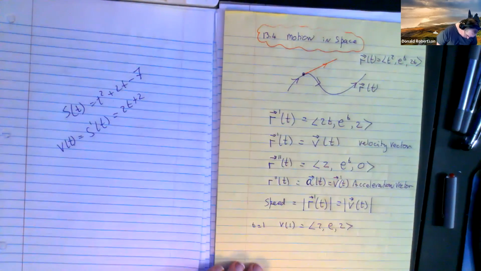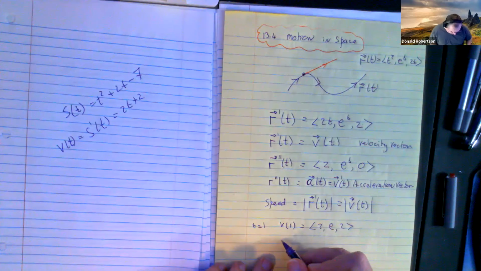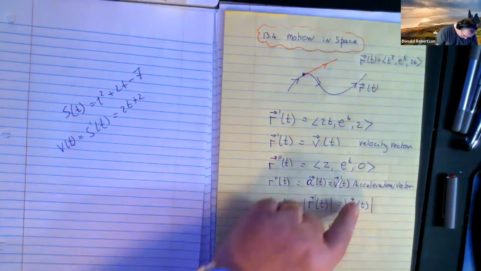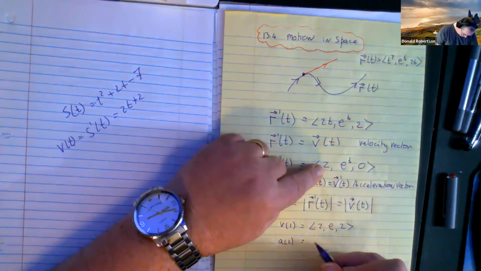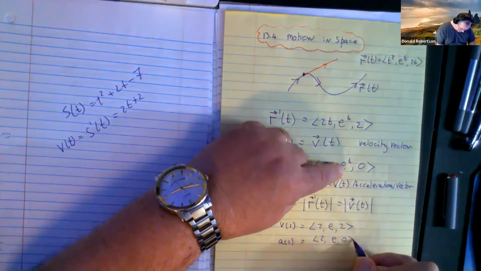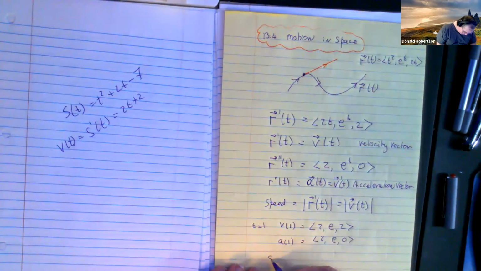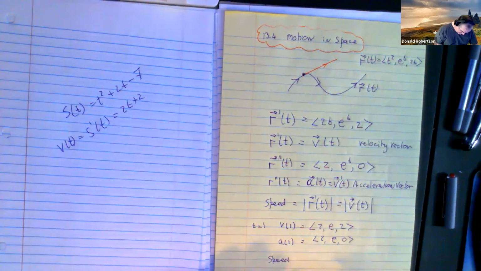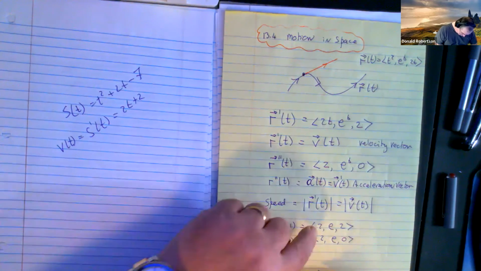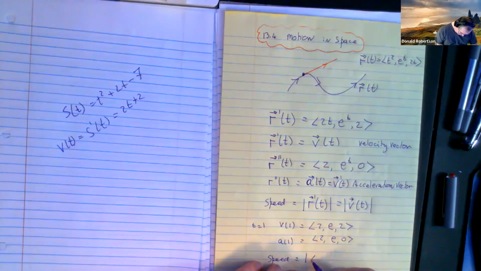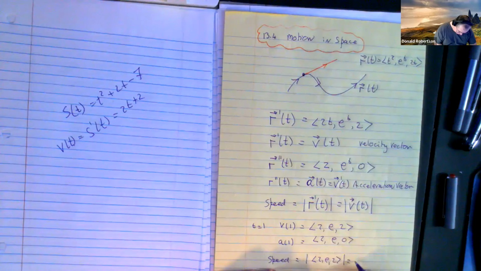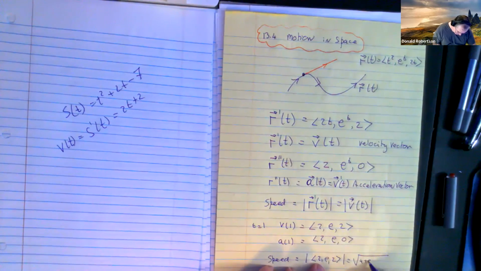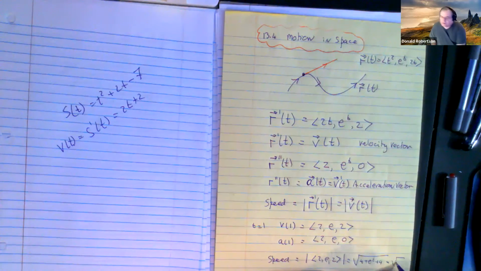The acceleration at the 1 second mark would be 2, e, 0. The speed at the 1 second mark would be the magnitude of the velocity vector, which would be the square root of 4 plus e squared plus 4, and that would be the square root of 8 plus e squared.